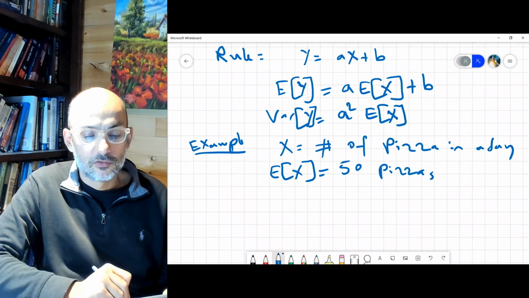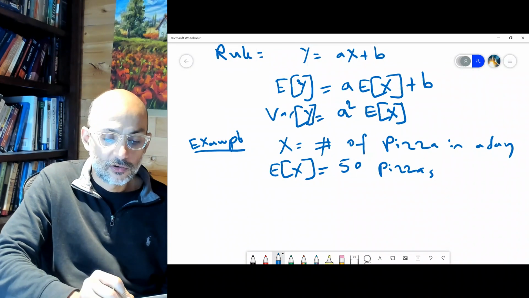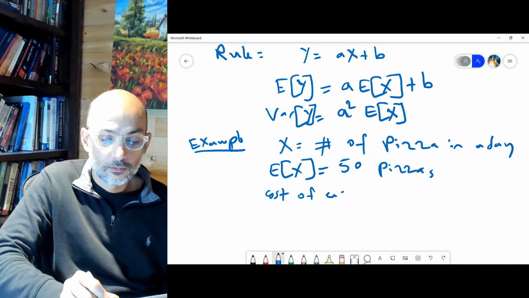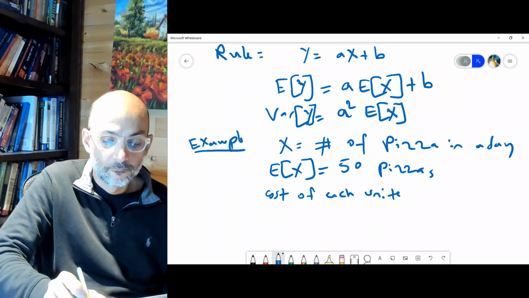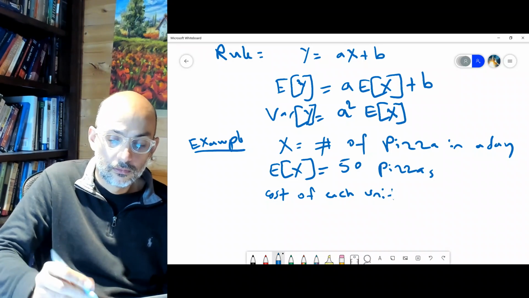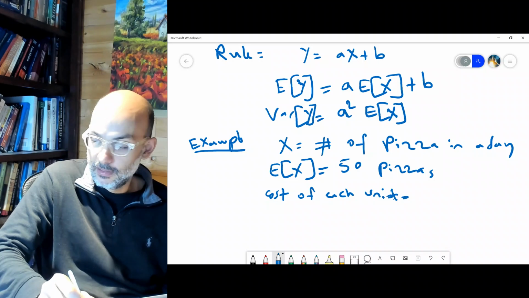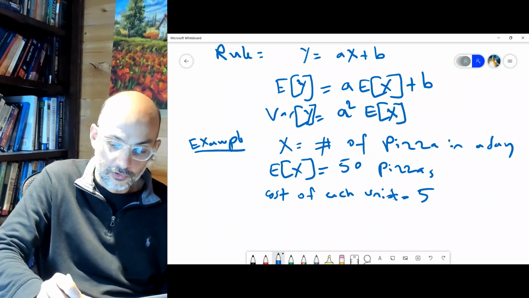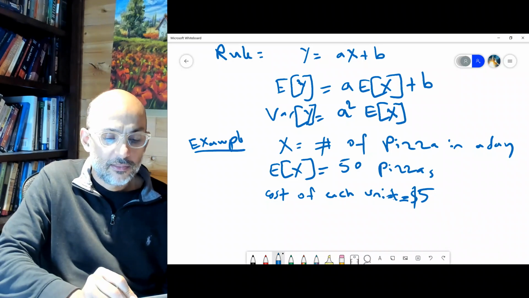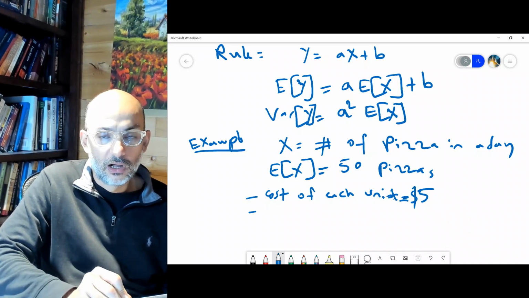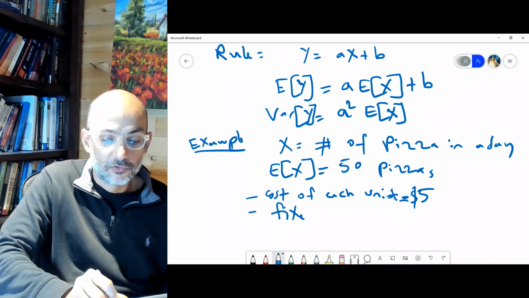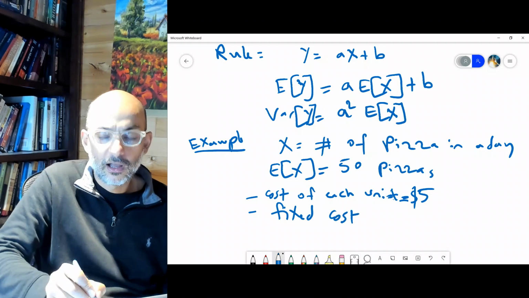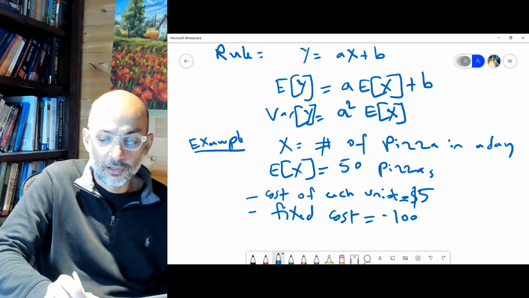They also realized that the cost to produce each unit of pizza that they sell is $5 each, and every day they have a fixed cost. You need to pay for electricity, rent, all those things. Regardless of whether they sell or not, they have to pay $100.